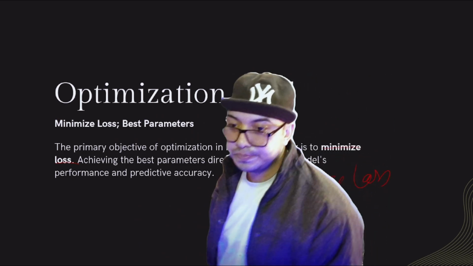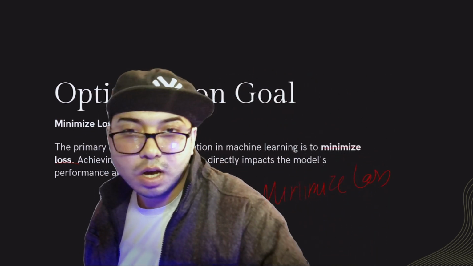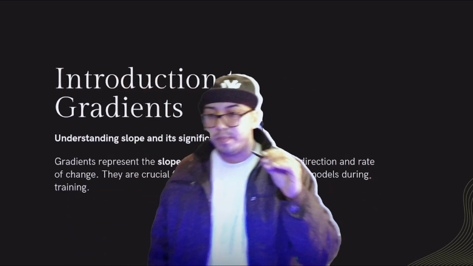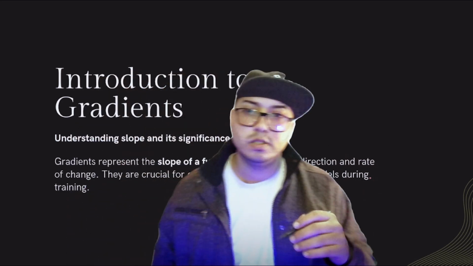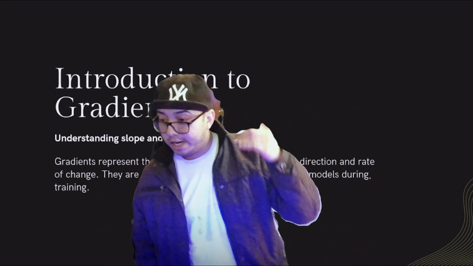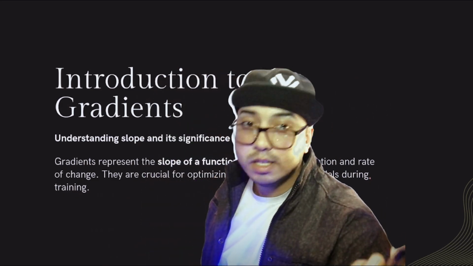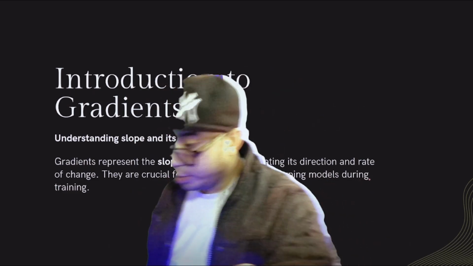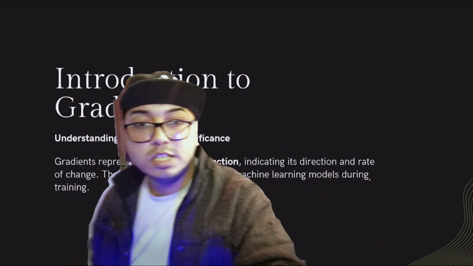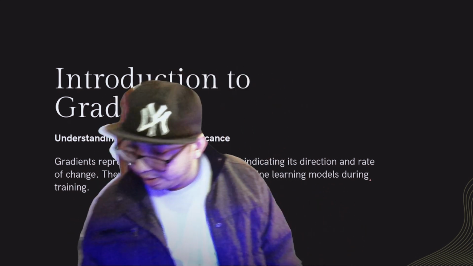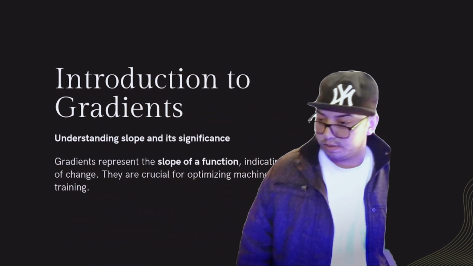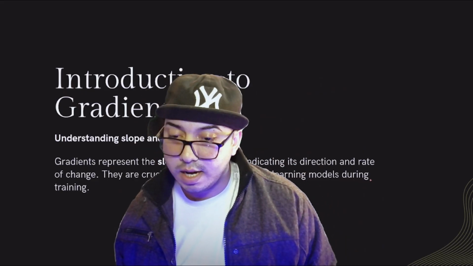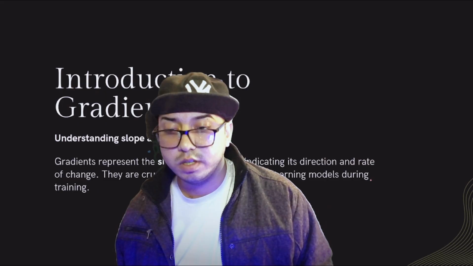Now we are going to understand what gradients are. A gradient represents the slope of the function, indicating its direction and rate of change. Gradients are crucial for optimizing machine learning models during training. A gradient tells us which direction to move to reduce loss.